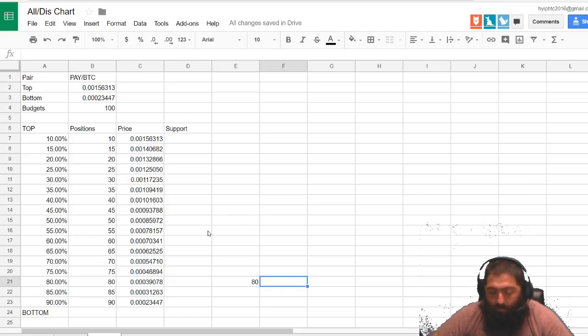Any other questions? How do you combine this allocation with the sizing of multiplication and division? How do you combine the allocation with the sizing? Hey, crypto chat, I'm not really understanding your question.